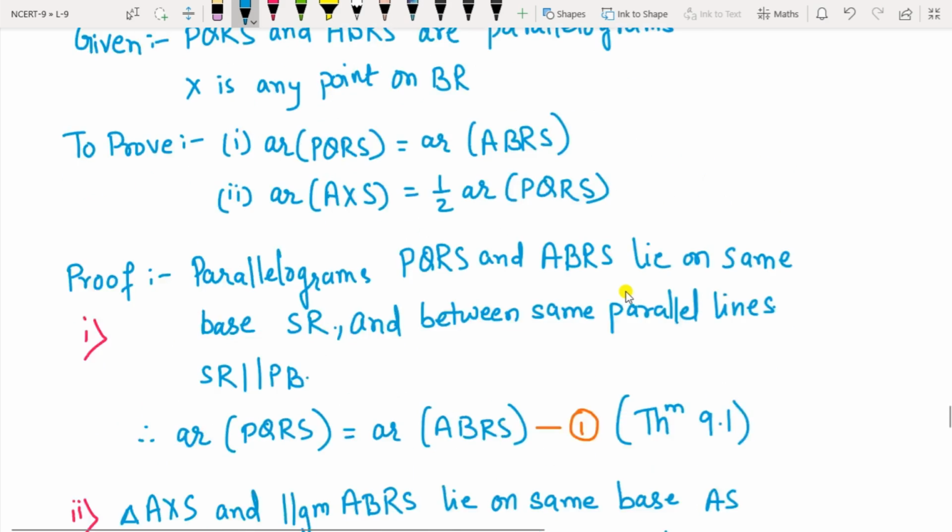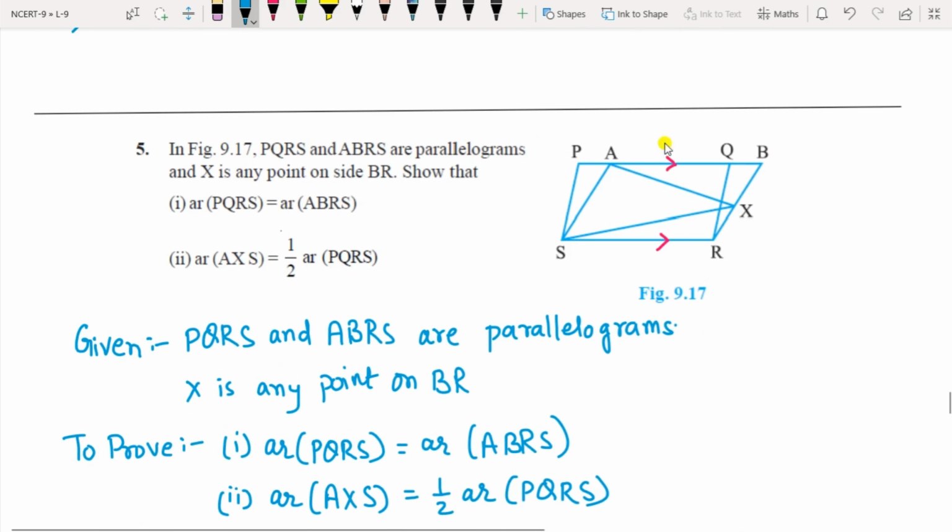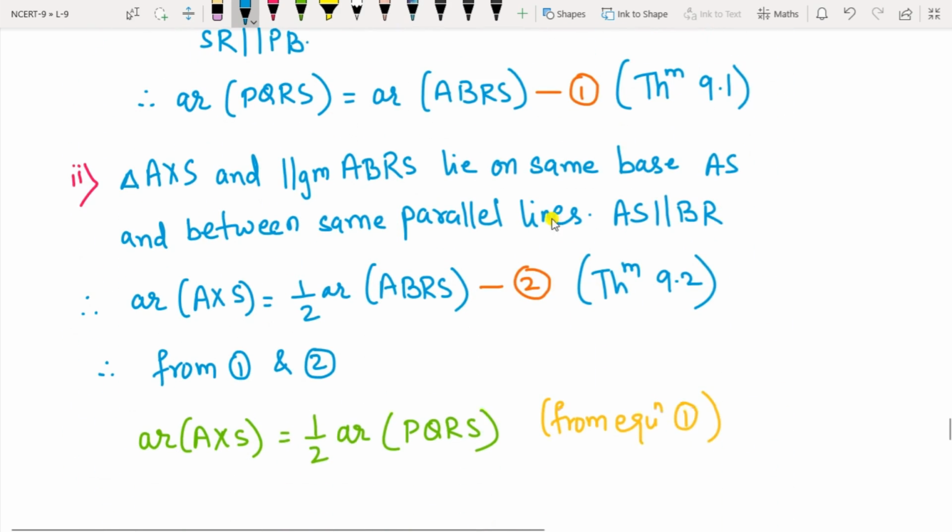Then we will consider the triangle, that is AXS. Okay, it is on the base AS, so it will be in parallelogram ABRS. So area of triangle AXS will be half of area of parallelogram ABRS, that is by theorem 9.2.